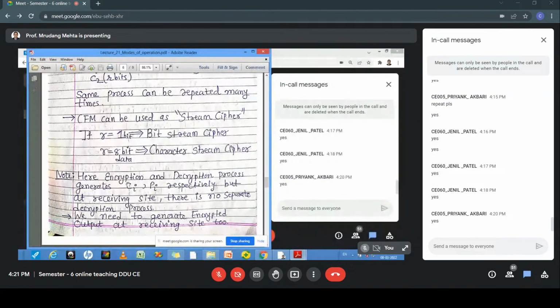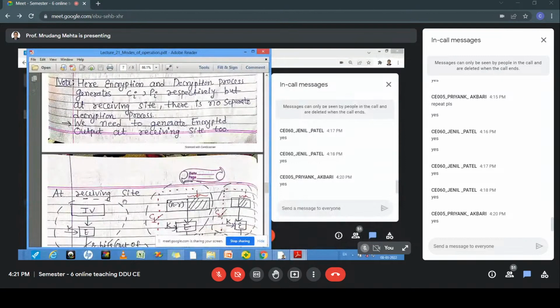So here the encryption and decryption process generates Ci, Pi, but at the receiving side, there is no separate decryption process. The advantage is that we don't need to create a new process; we need to generate the encrypted output at the receiving side too.